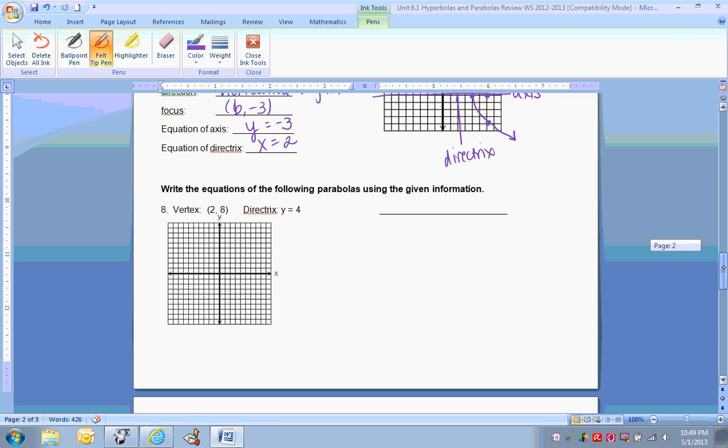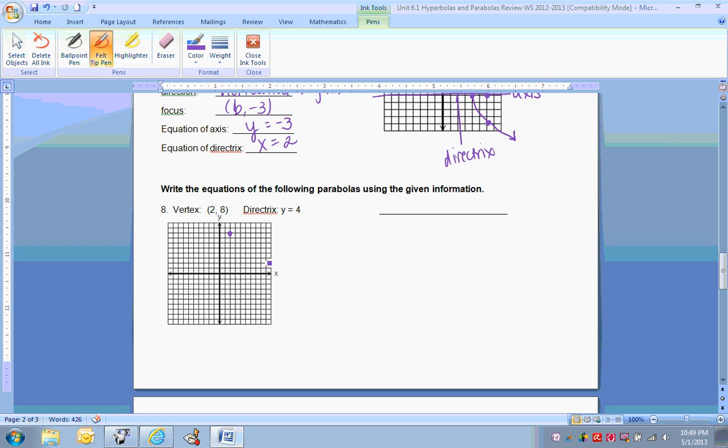Okay, moving on to writing the equations for the following parabolas using the given information. Well, they tell me my vertex is at 2, 8, so I'm going to plot that point. My directrix is at y equals 4.